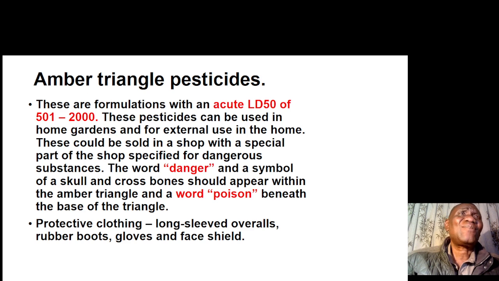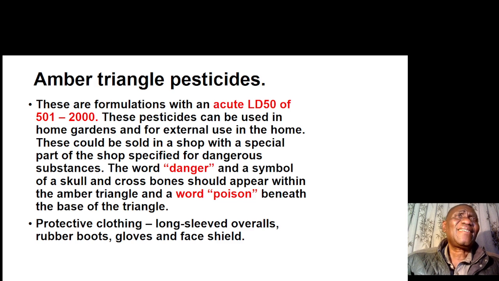So they are not supposed to be used probably inside the home. These could be sold in a shop with a special part of the shop specified for dangerous substances. They cannot just be placed on a shelf anyhow.